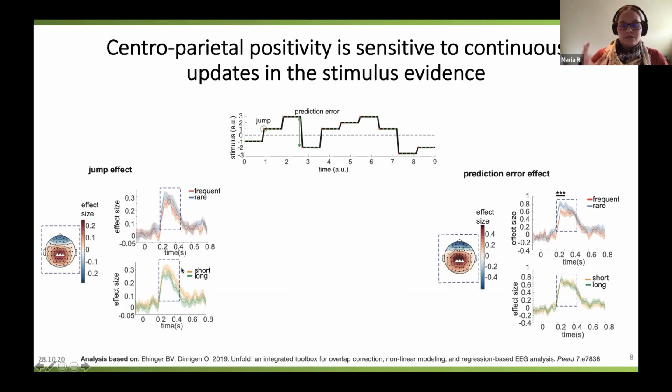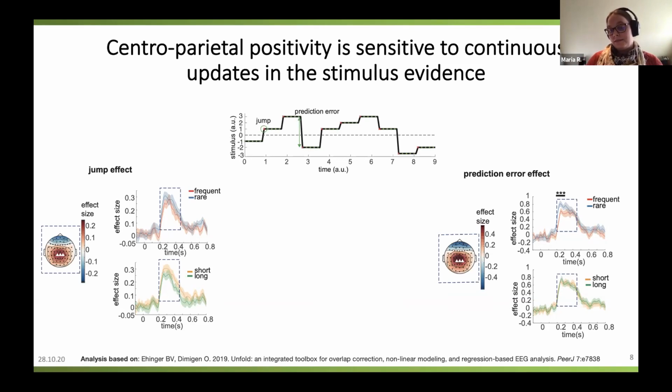And I think this is really cool, because you really see, okay, the brain updates or does something every time there is a change in the stimulus. But even more interesting is that if we now put on top of that a regressor looking at how much the noise changes, meaning how big is the difference between the coherence of the previous jump and the coherence of the current jump, you can see that we find a difference, slightly, only for rare versus frequent trials.